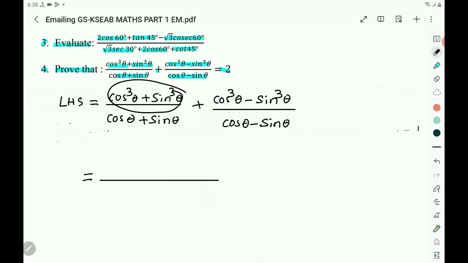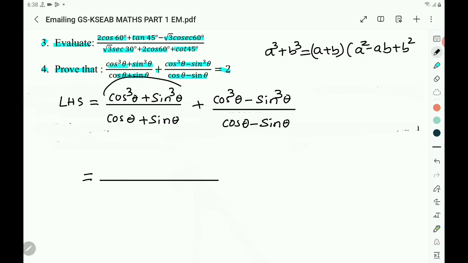Factorize this cos cube theta plus sin cube theta. This is in the form of a cube plus b cube. What are the factors of a cube plus b cube? A cube plus b cube is equal to a plus b into a square minus ab plus b square. Then what are the factors of cos cube theta plus sin cube theta? A plus b means cos theta plus sin theta.